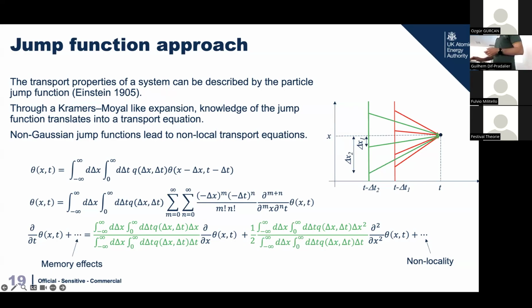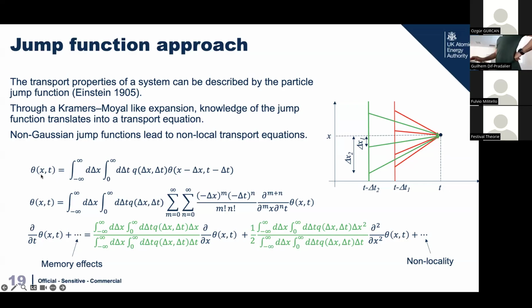So if you can map this so-called jump function that maps this behavior, you're basically done. You've got the whole information in the system, then you just need to turn it into equations, but the information is there. Now, this is represented by this expression that I have over here. A thermodynamic variable, I call it theta. Think of it as density.